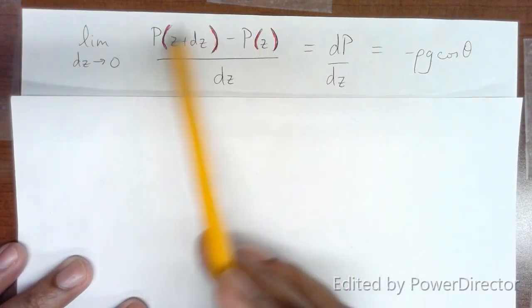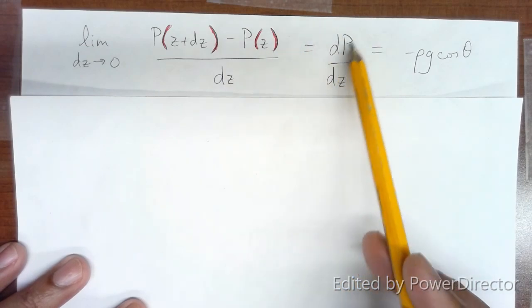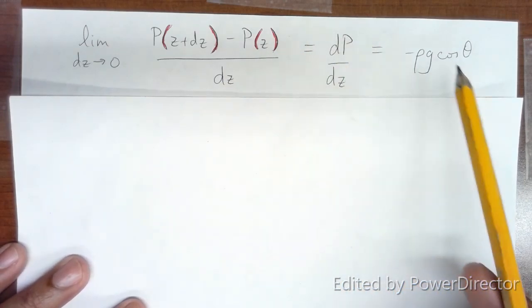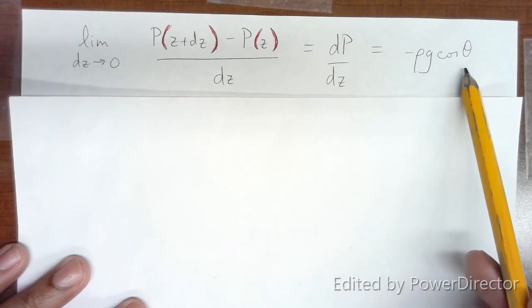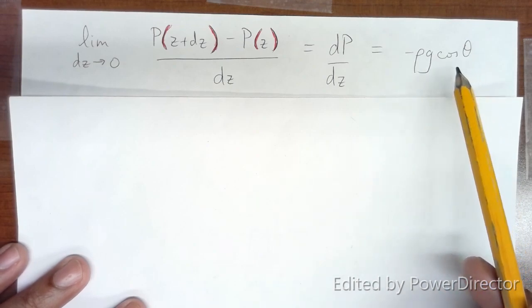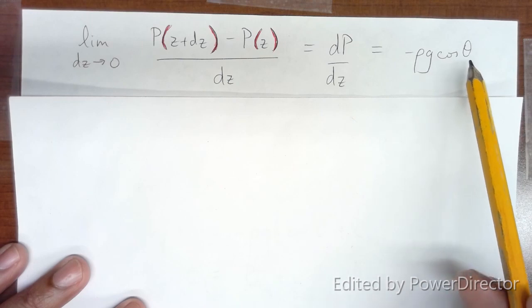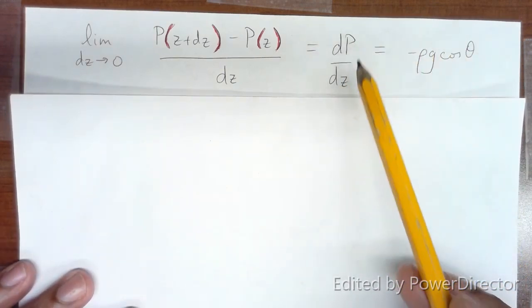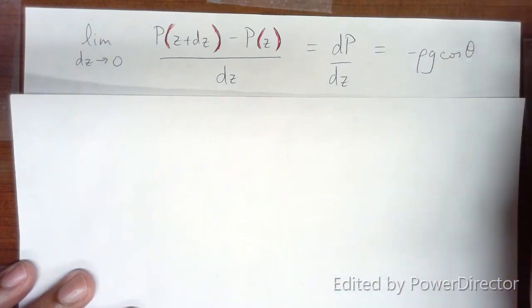But this just becomes a derivative then. So it becomes dp over dz. So we have dp over dz is equal to minus rho g cosine theta. So what we have achieved is a differential equation for p as a function of z.